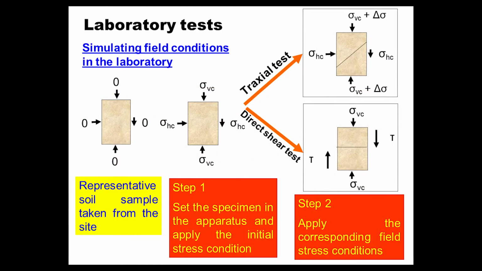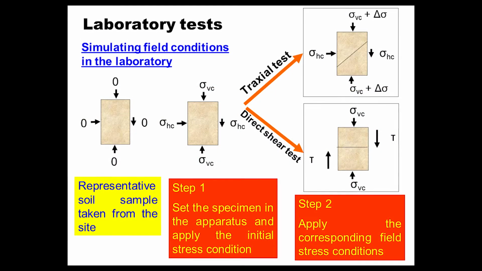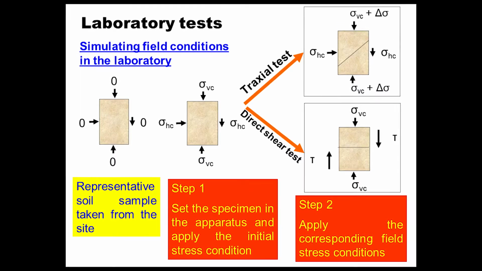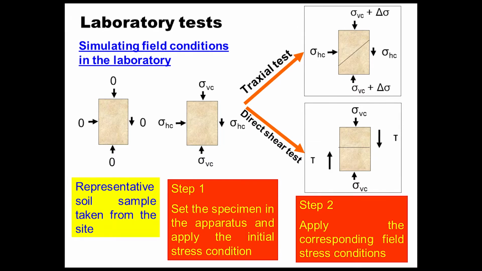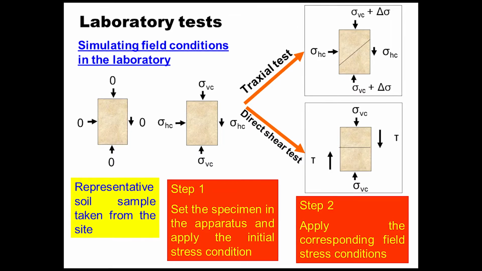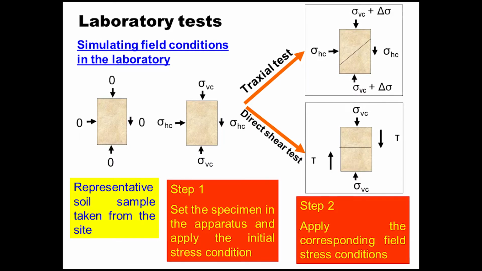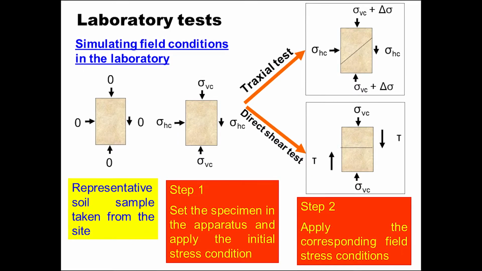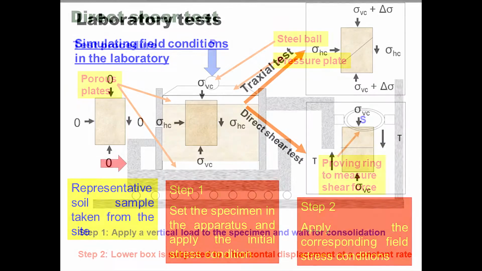We simulate the field conditions in the laboratory the same way, using a representative soil sample taken from the site. Step 1: set the specimen in the apparatus and apply the initial stress condition. Step 2: apply the corresponding field stress condition, meaning the increment of stress.